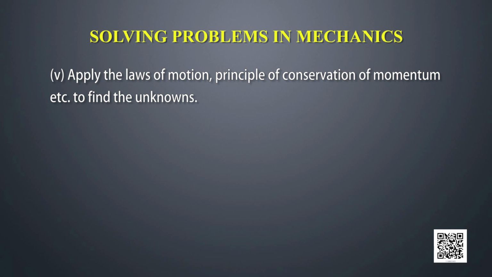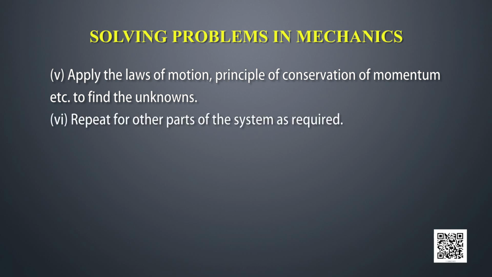Apply the laws of motion, the principle of conservation of momentum, etc., to find the unknown quantities. Repeat for other parts of the system as required, that is, you may draw free body diagram for other blocks or other objects if you are asked to calculate the acceleration or forces on the other block.